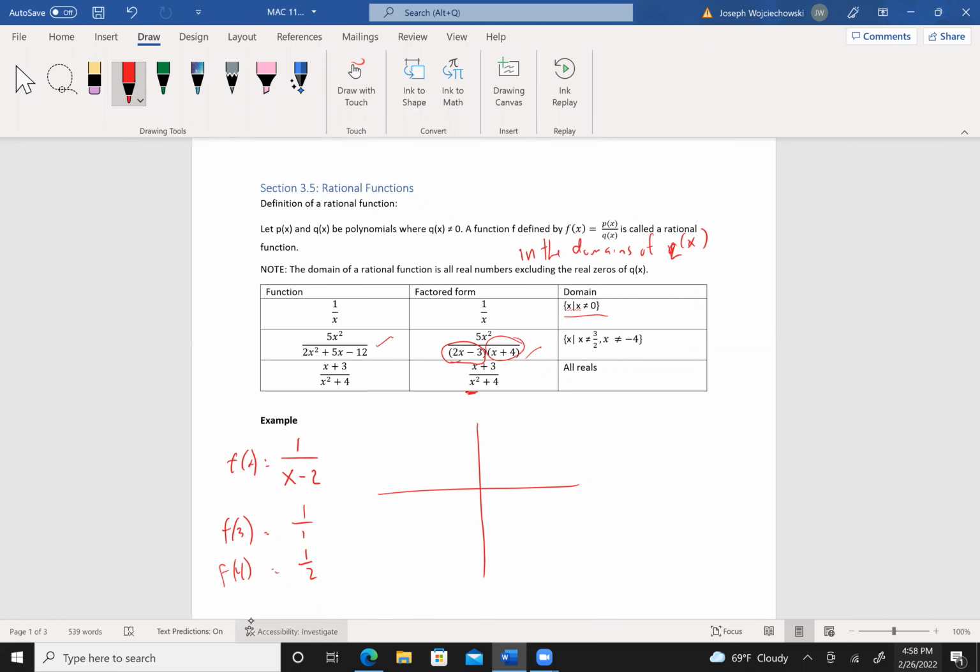What we see is it's getting closer to 0, but it'll never reach 0, because this will never be 0.